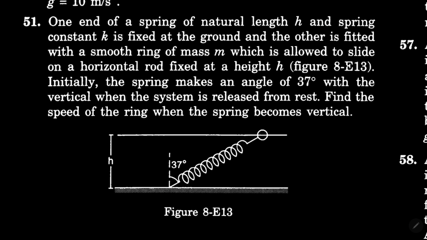In question 51, one end of a spring of natural length h and spring constant k is fixed. We need to find the speed of the ring when the spring becomes vertical.